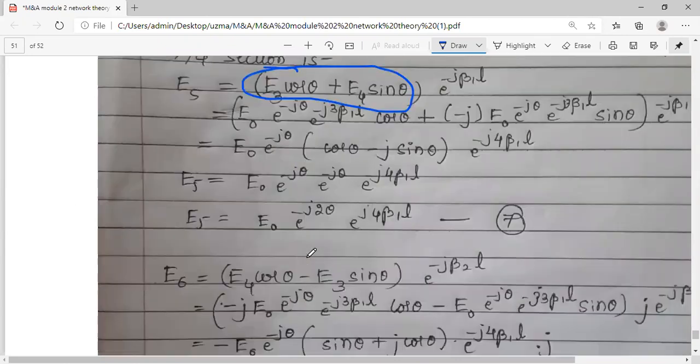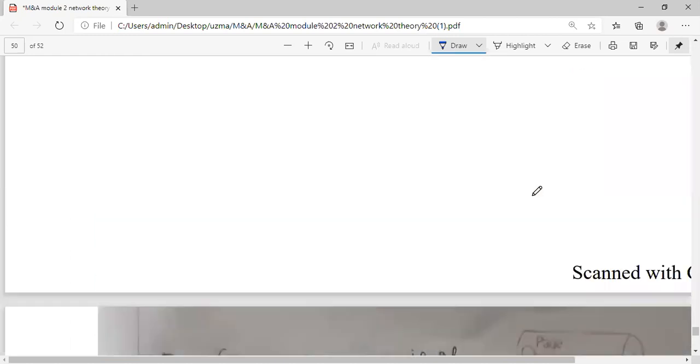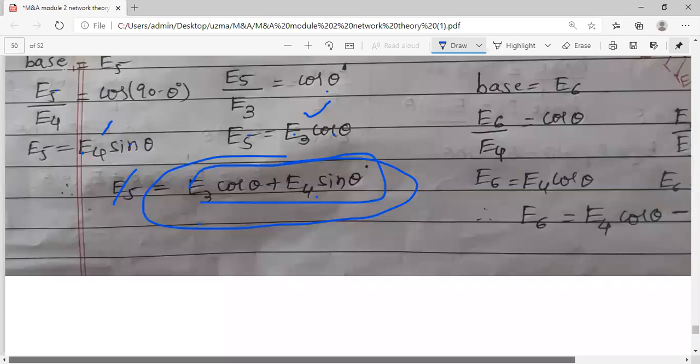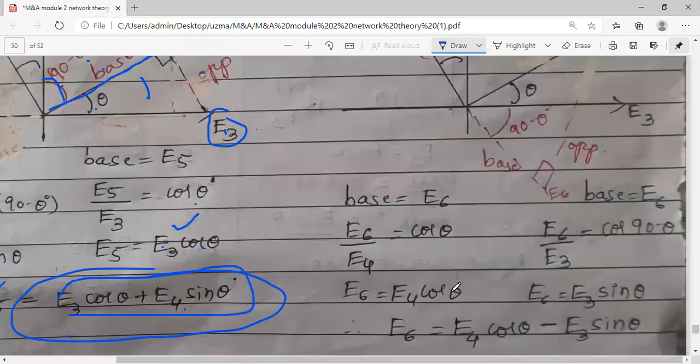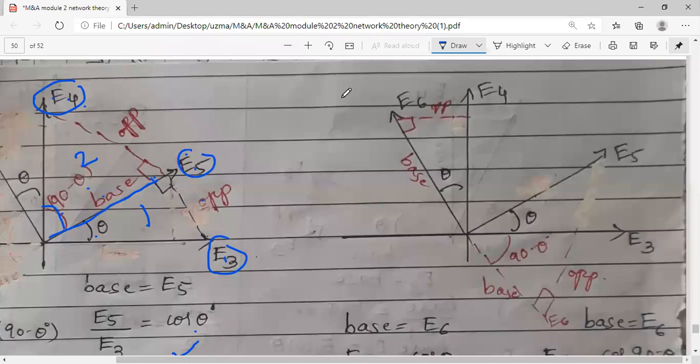Now I have to calculate E6. For E6, coming to this figure again, the second figure. This diagram I have drawn one more time just to get rid of the confusion, because a single diagram with a lot of lines will be confusing. Again, in the second figure, we had E3 and E4.